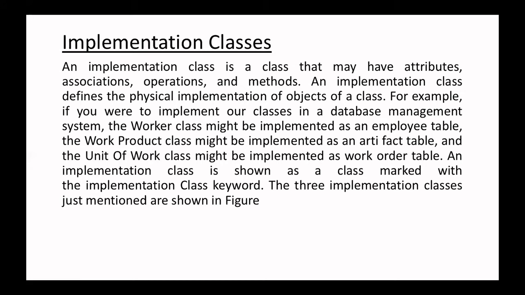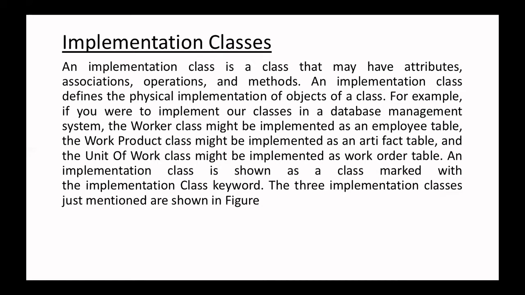As I showed in the previous figure, both classes are here. First is the worker class and second is the work product class, but the tables of these classes are different in the database, because the worker class is in the employee table and the work product class is in the artifacts table. And the unit of work class might be implemented as a work order table.